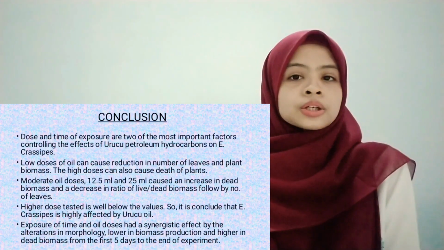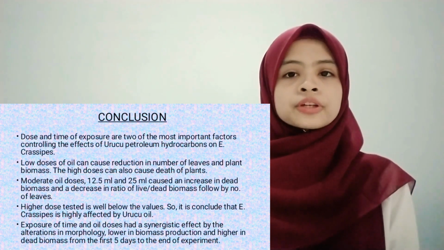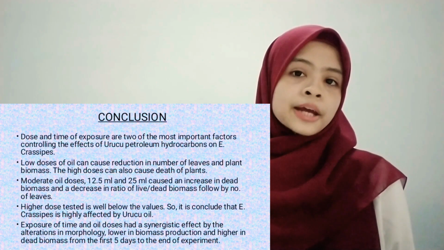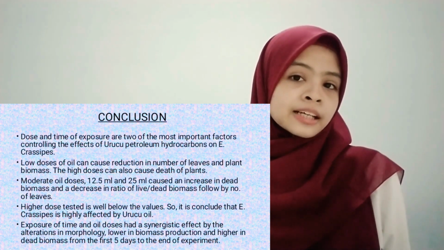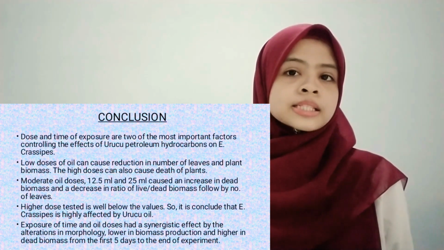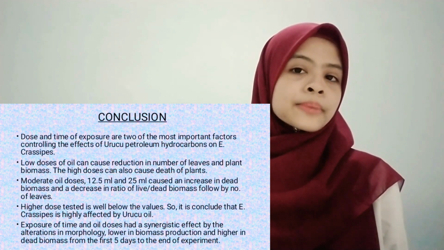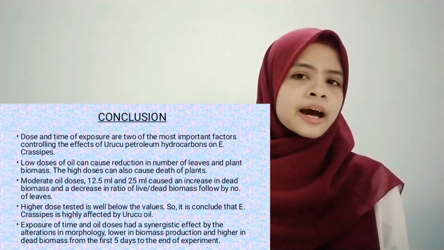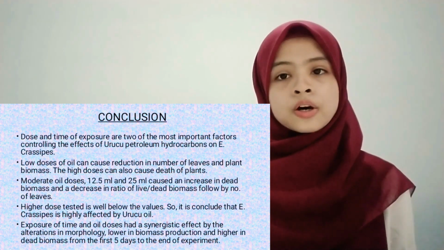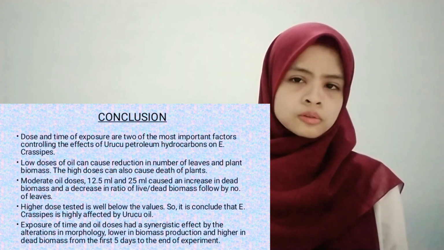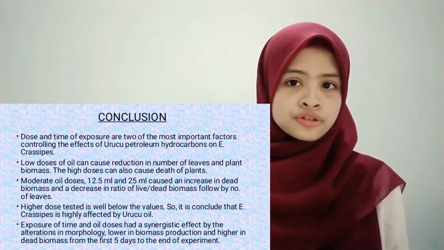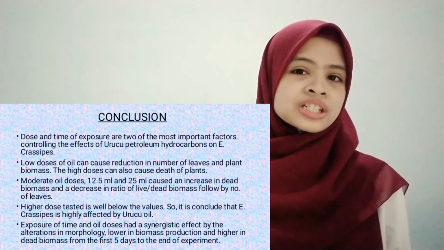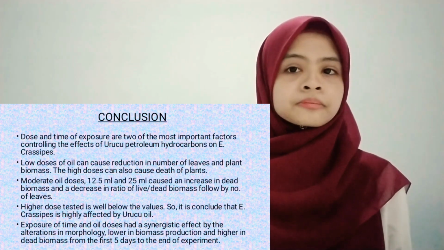For the conclusion, dose and time of exposure are two of the most important factors controlling the effects of petroleum hydrocarbons on E. crassipes. While relatively low doses of oil may cause a reduction in the number of leaves and plant biomass, high doses can even cause death of the plants. The lowest dose of Urucum oil tested, 3 ml, did not cause significant alteration in morphology and biomass of the plants.